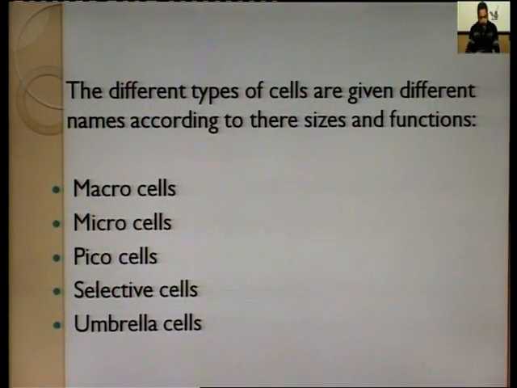So, there are 5 types of cells according to their size, meaning their radius, and their functions. These are named macro cells, micro cells, pico cells, selective cells and umbrella cells. In the next slide we will discuss all these cells one by one.